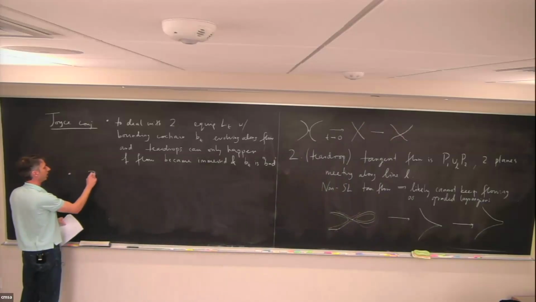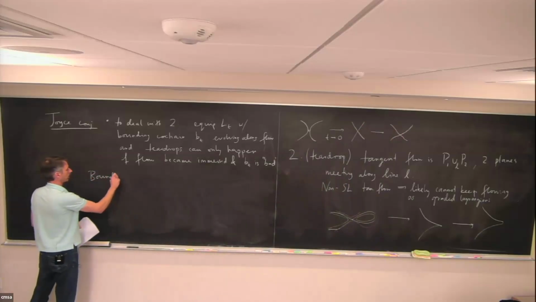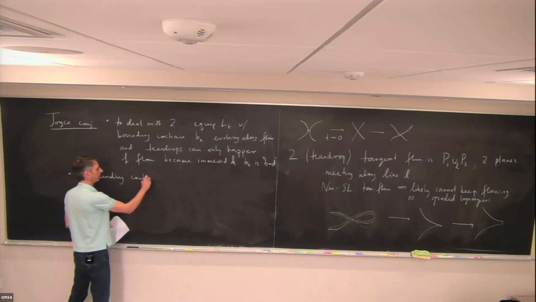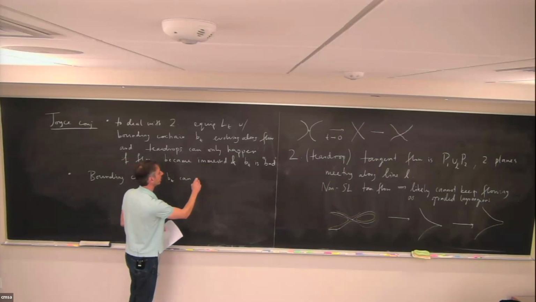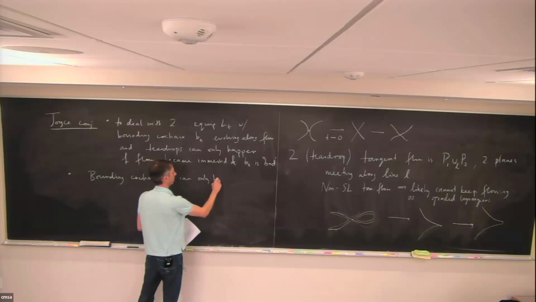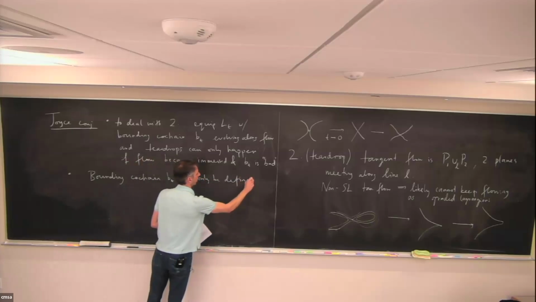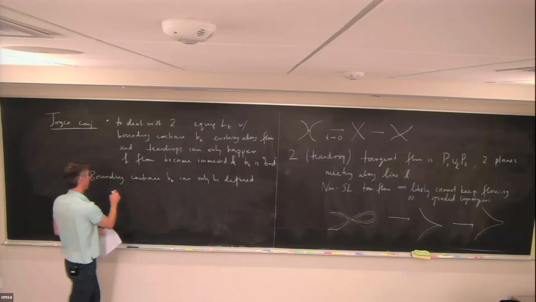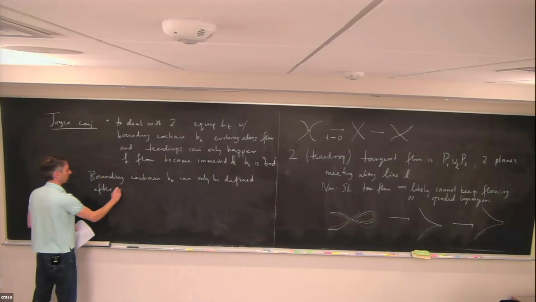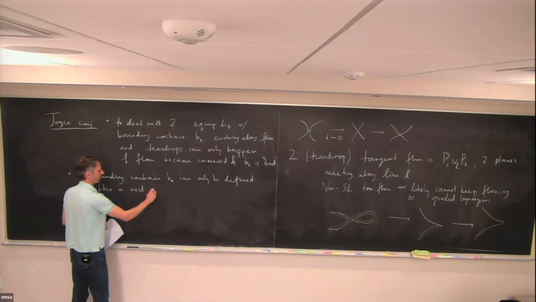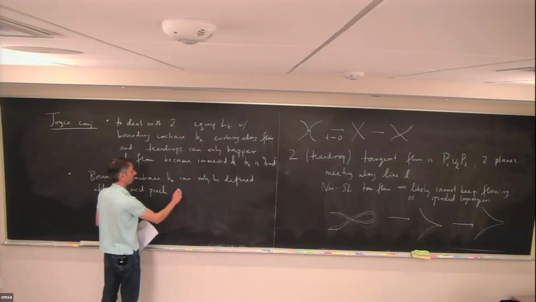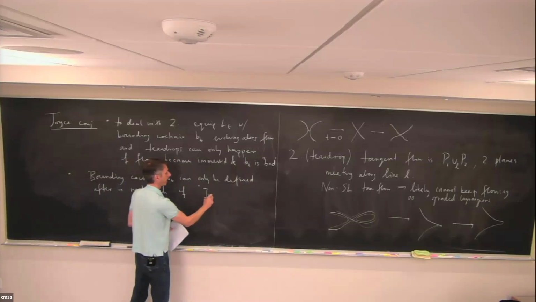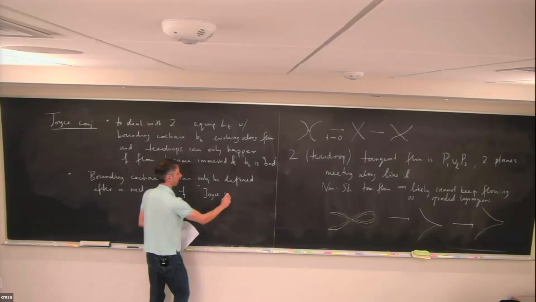So the bounding cochain b_t can only be defined after one of these neck pinches, and I'll explain this a little more later, after a neck pinch if the Joyce angle condition holds.